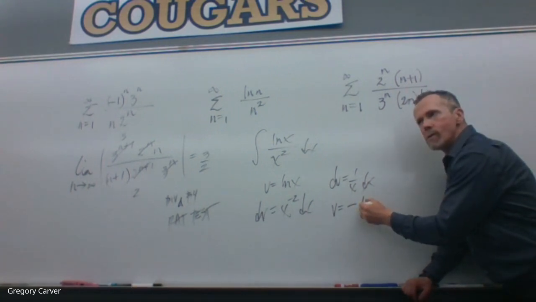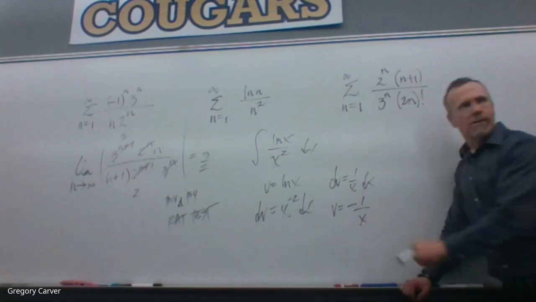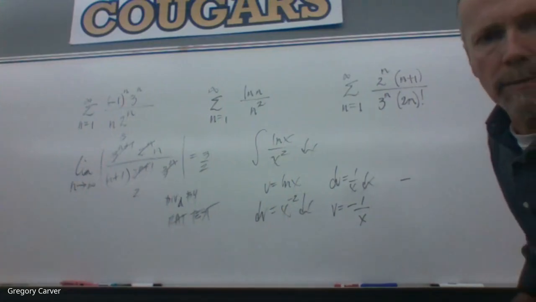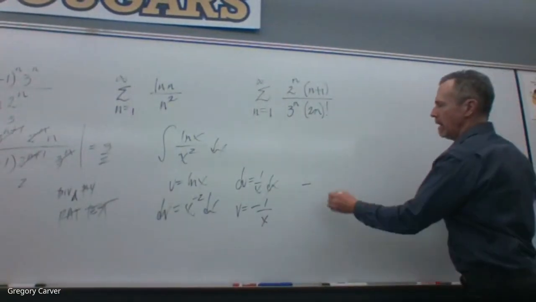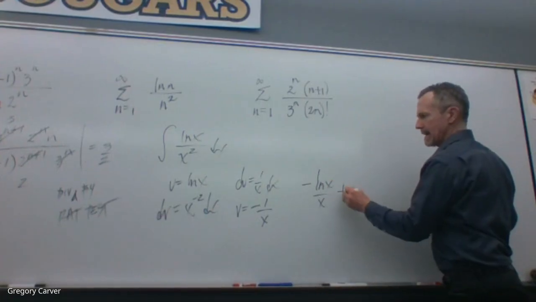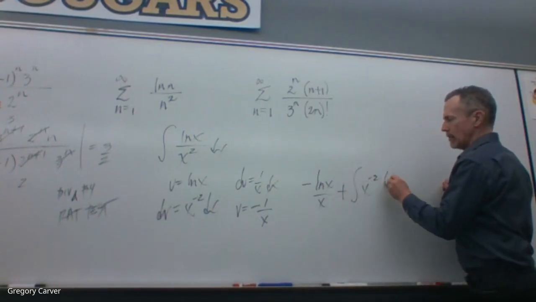Negative 1 over x, isn't it? x to the negative 1 over negative 1. Beautiful. Let's put it together. I've got negative ln of x over x minus the integral of negative x to the negative 2 dx.